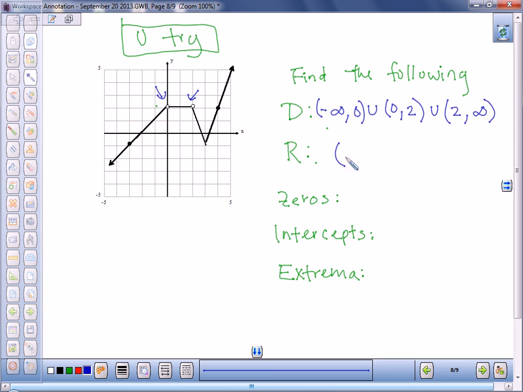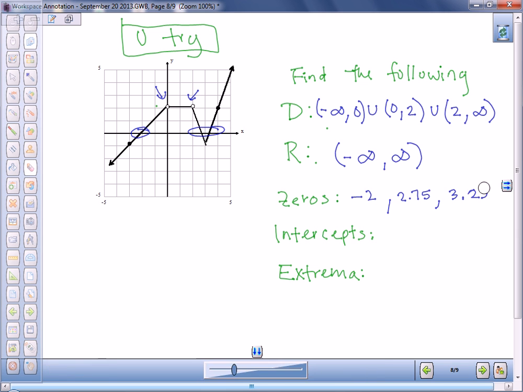All right, zeros. There's one. What is that one? Negative 2. Okay, we're going to have to estimate on these two, aren't we? What do y'all think? 2.75 sounds good. And then 3.25. So now that we have these, we also have our x-intercepts, right? They're just the same thing.